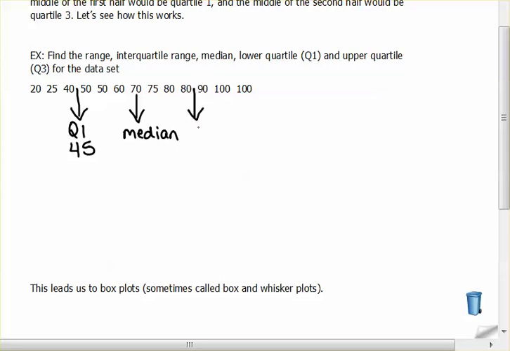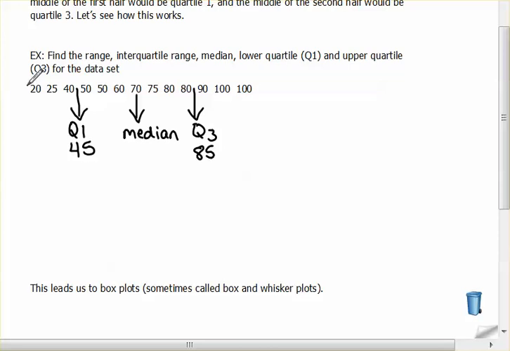So right smack dab in the middle of there, that's my quartile 3, or my third quarter. Again, we have to add these up and divide by 2 in order to figure out what our median of the upper half is. So 80 plus 90, well, that's going to be 170. And then whenever you divide by 2, we should get 85.